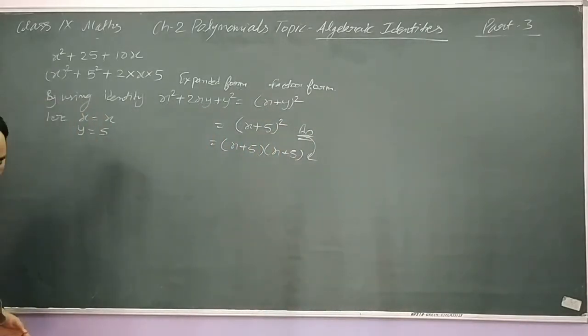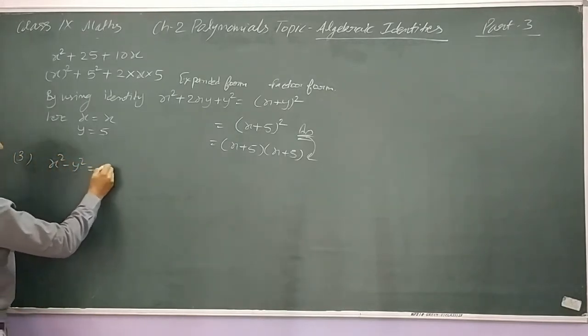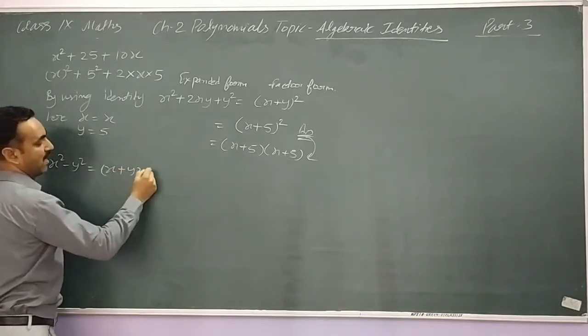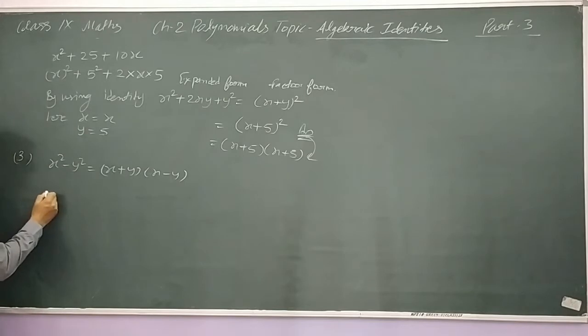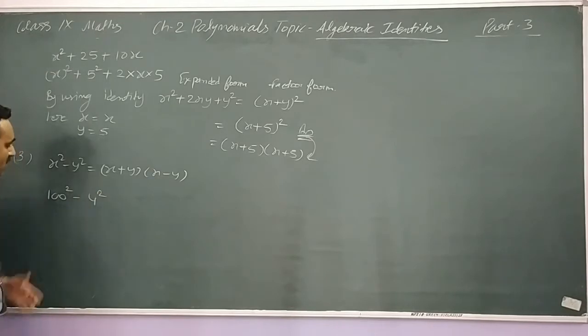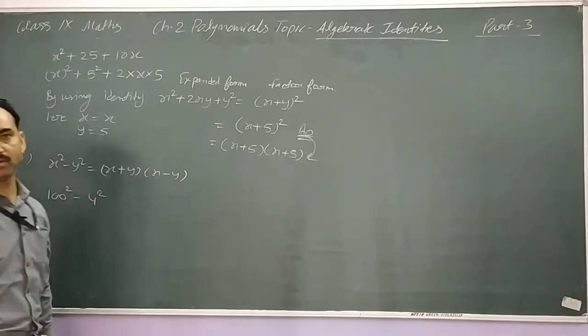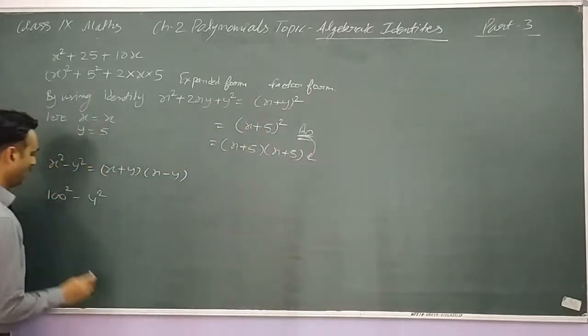Now we will discuss the third identity: x square minus y square is equal to (x plus y)(x minus y). An example: 100 square minus 4 square. We have to find this by using the identity.